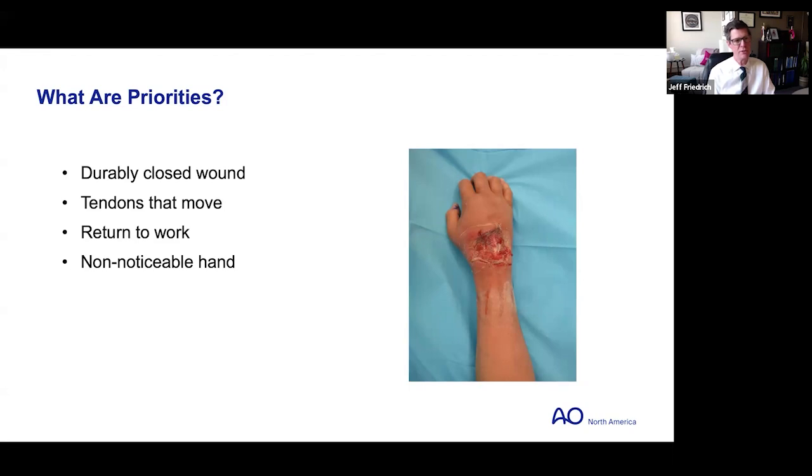We would hope to help this patient return to work in the least amount of time possible, and then to have, for lack of a better term, a non-noticeable hand. We don't want a reconstruction that is so bulky or otherwise noticeable that it's going to distract people that he meets or encounters in his work.